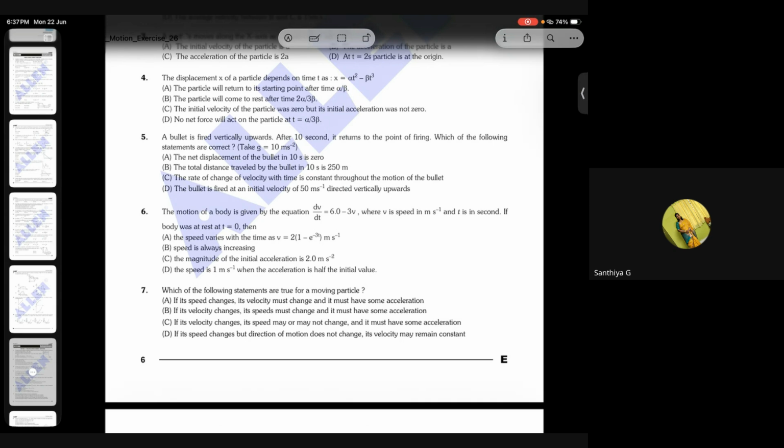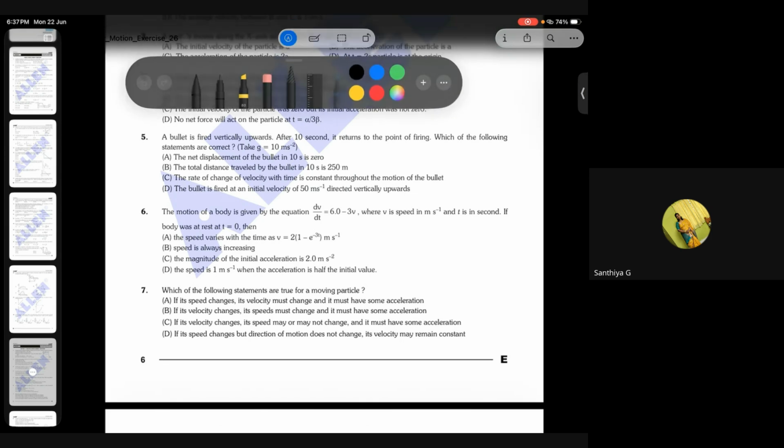So maybe in your module, you add one more option. You write option E: terminal speed is equal to 2. Correct or not?